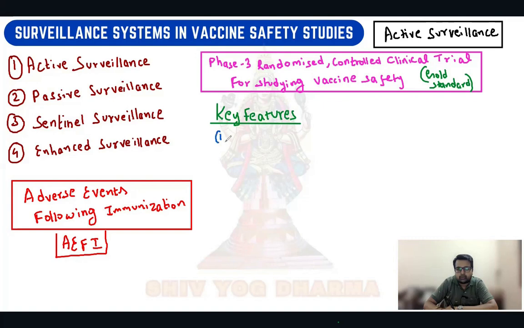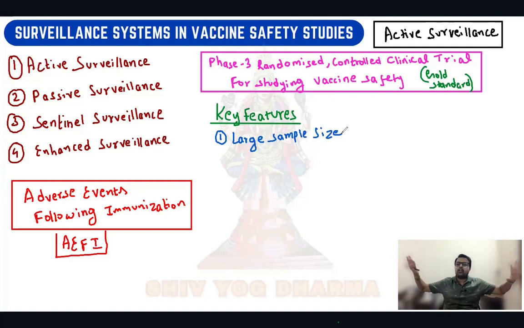In the long-term safety study, the phase 3 clinical trial, the sample size should be large, because millions of people have already got the vaccine. In order to do a proper study, we have to take a large sample size, ranging from 1,000 to 10,000 participants, and it can be more than that.